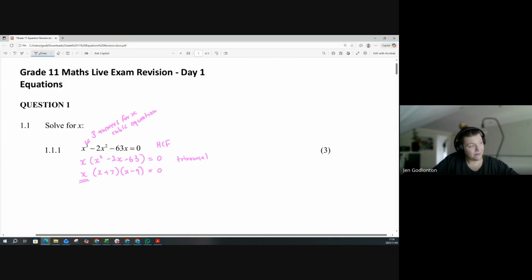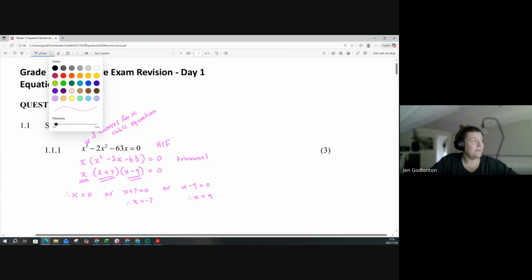We have this one, so x is equal to 0, or we have this one, x plus 7 is equal to 0, which means x equals -7, or we have this last one, x minus 9 equals 0, therefore x equals 9. So we have our three different answers for x.